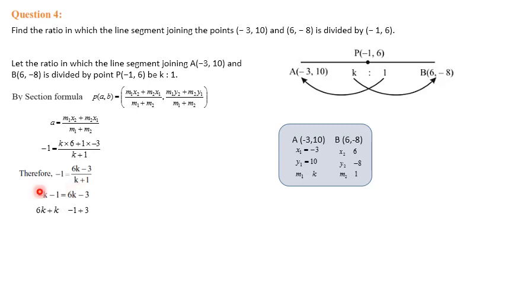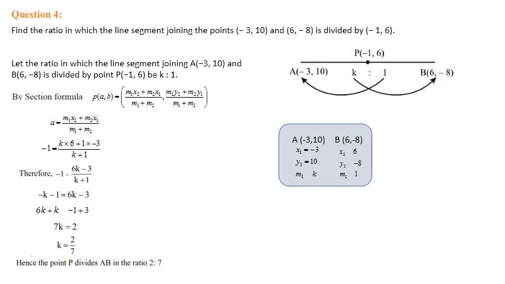This minus k I am bringing to the right side, so 6k plus k. The -3 I am bringing to the left side, that becomes +3. That is 6k plus k is 7k, and -1 plus 3 is 2. That is k is equal to 2 by 7.